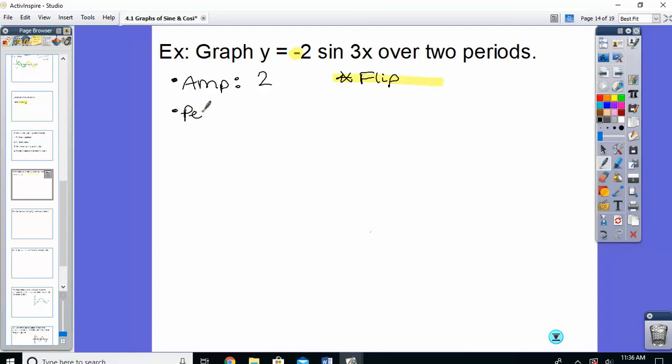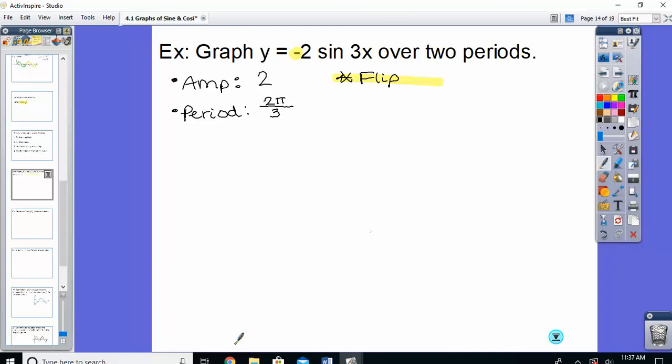The next thing we do is the period. Period is always 2 pi, because that's the normal period, divided by the number in front of x. So 2 pi over 3. That means if I start my graph at 0, when I get to 2 pi over 3, I will have the complete graph of sine in that amount of time.